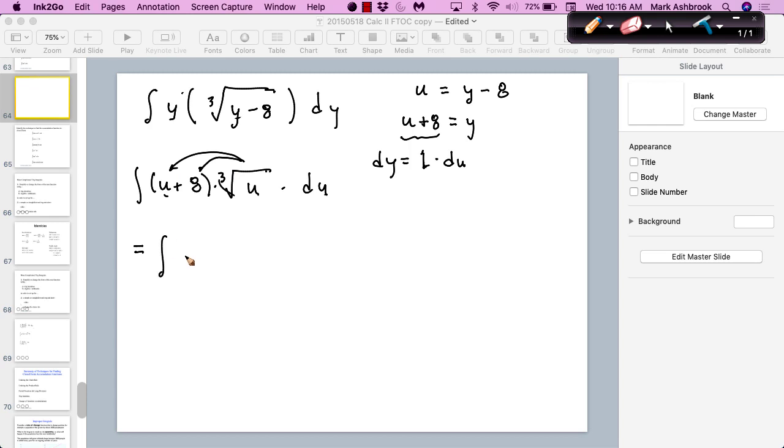So I'll have u to the 4/3 plus 8 times u to the 1/3. Home free, right? Home free in terms of u. And then we just have to switch it back to y. Antiderivative of u to the 4/3. Raymond? Yep. Times 3/7 u to the 7/3 plus 8 times 3/4.